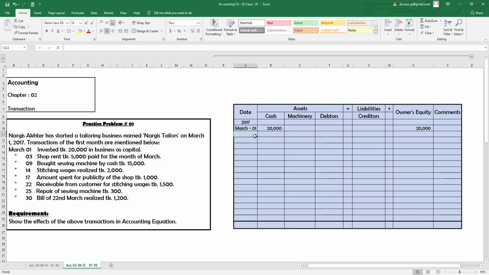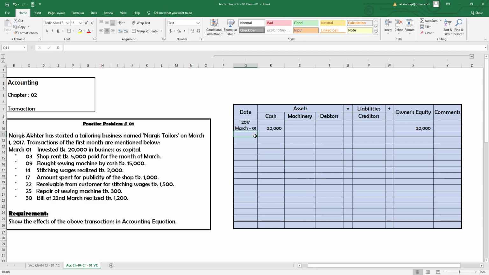Okay, let's read the next transaction, March 3: shop rent Taka 5,000 paid for the month of March. We have already learned that when we pay any expense, we may pay either with cash or check.